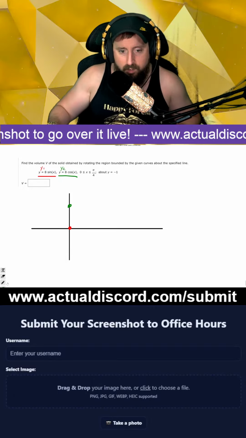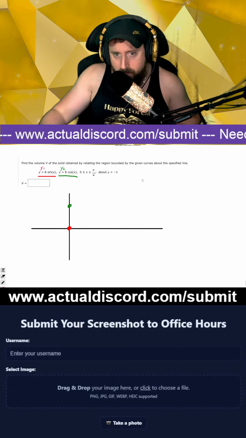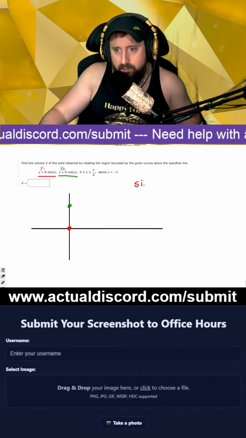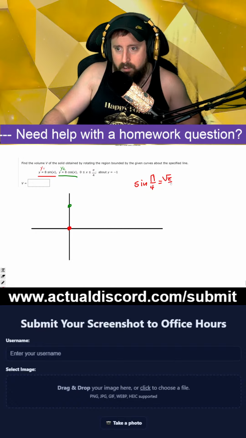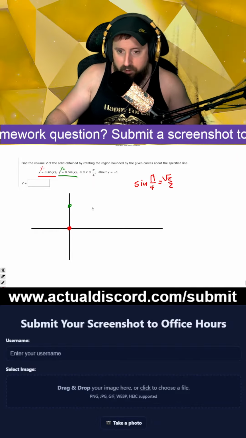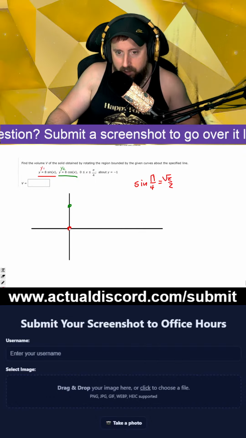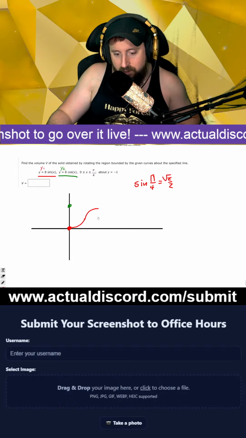Starting at 0, sine of 0 is 0. And then sine of pi over 4 is equal to square root of 2 over 2. Multiplying that by 8, you end up getting 4 square root of 2. So I know this is going to go like this. It doesn't do the top.